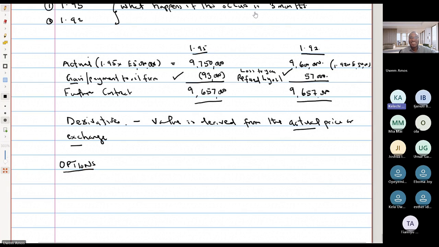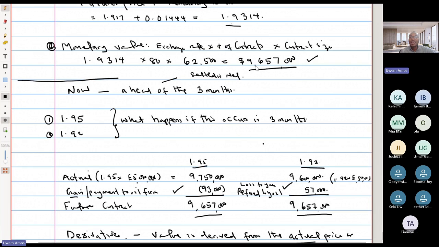From my own perspective, I thought that the thing will be static, irrespective of the fluctuation. That's the essence of it. But this one, either you're paying more or you're gaining. Yeah, it's static. So irrespective of the flow, our futures value, how much do you calculate? 9.657. Did you see that?